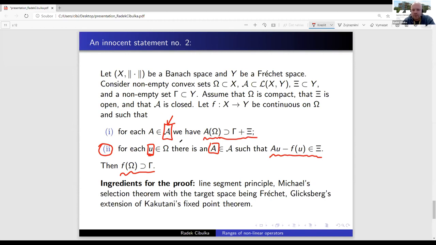Ingredients of the proof, as in the case of statement number 1: the Glicksberg extension is the tool, but you have to combine it with the line segment principle and the Michael selection theorem, where the target space is Fréchet.